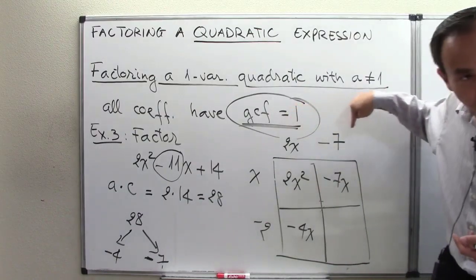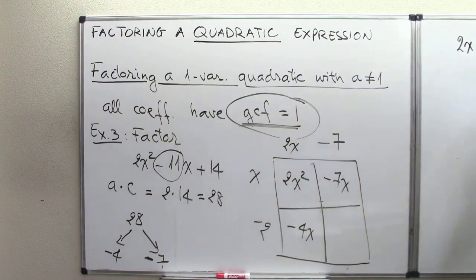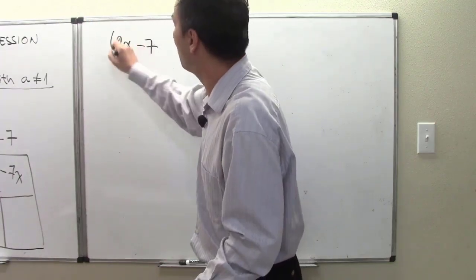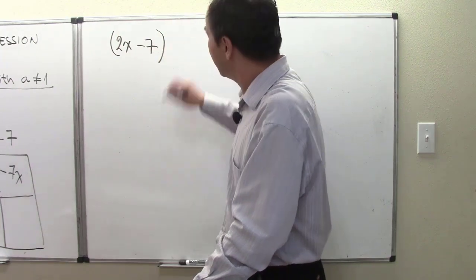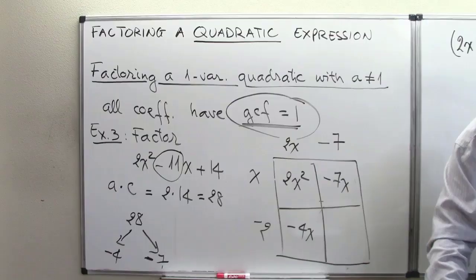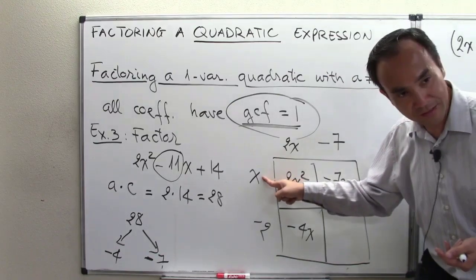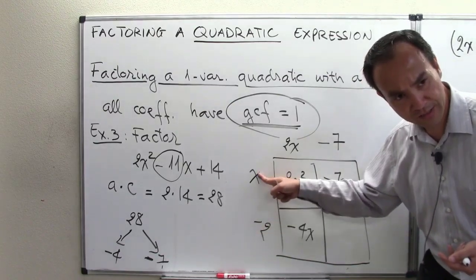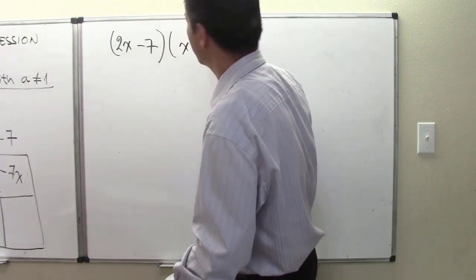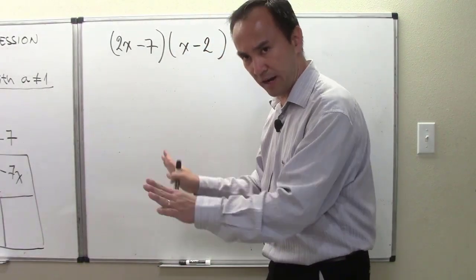From this part of the square that we have found, we can put that here as one factor. And then there's another pair of parentheses: x minus 2 goes in there. That's how we put that into factor form.